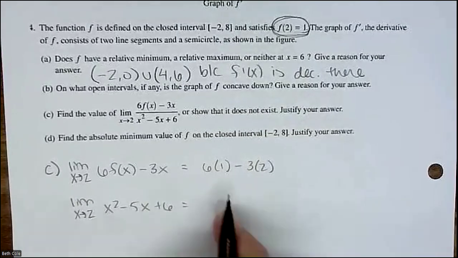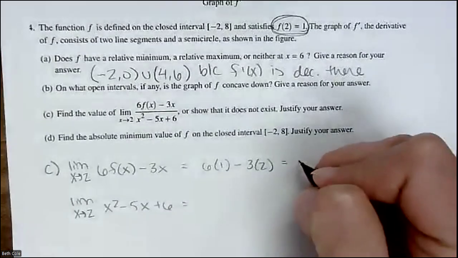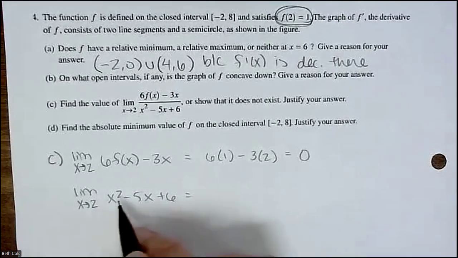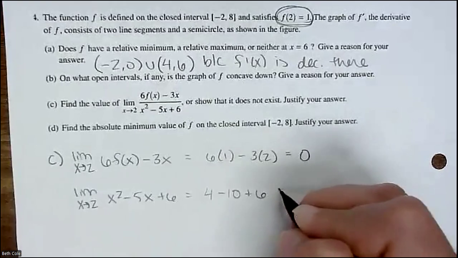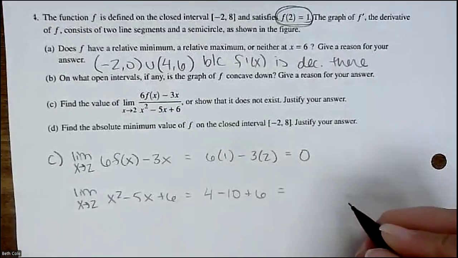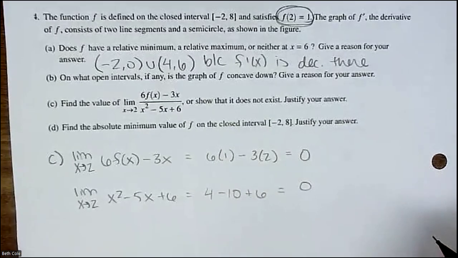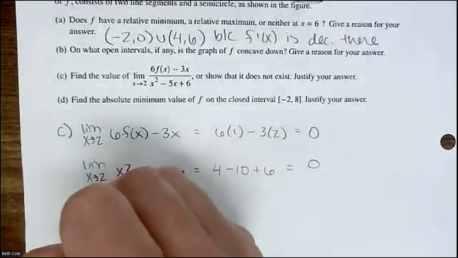Again, we're plugging in 2 for x. So what does that equal? This one, you're going to plug in 2. So that's going to be 4 minus 10 plus 6. That's worth a point. If you did both of those separately and showed that they were both 0, you got a point. All right, here's the L'Hopital's rule.